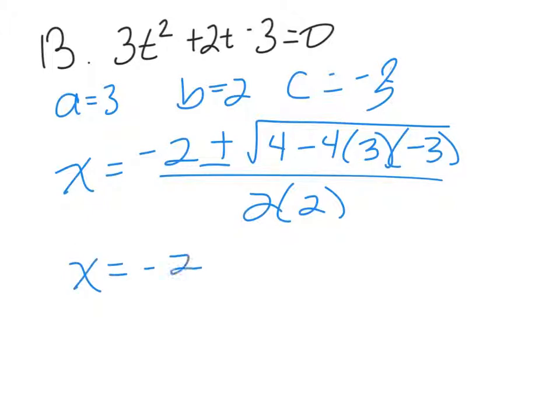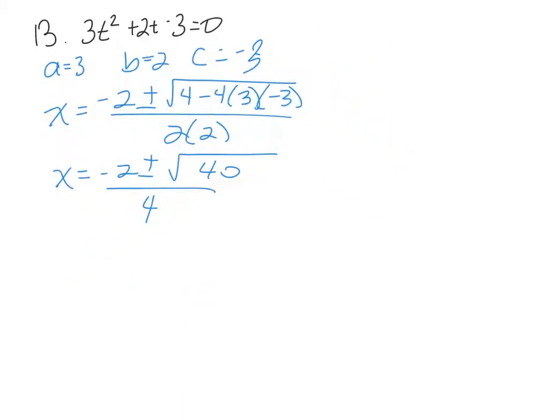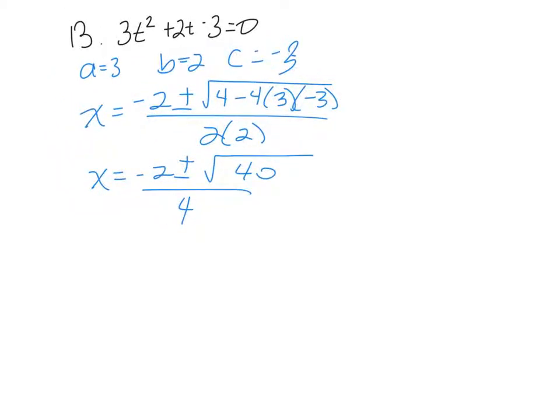So negative 2 plus or minus the discriminant is 40. And yeah, we could simplify the square root of 40, but the directions say to get a decimal rounded to the nearest tenth. So when I put it into the calculator, I get negative 1.4 and 0.7.